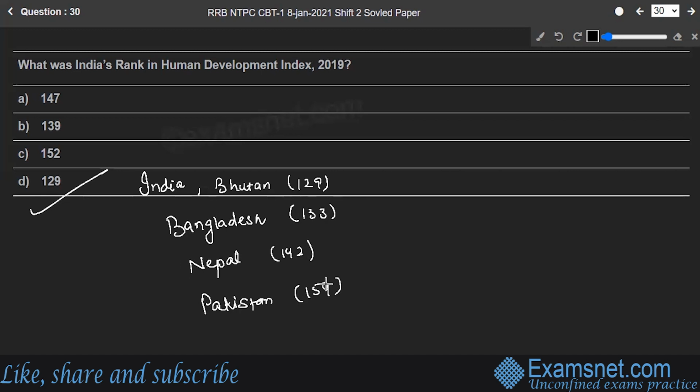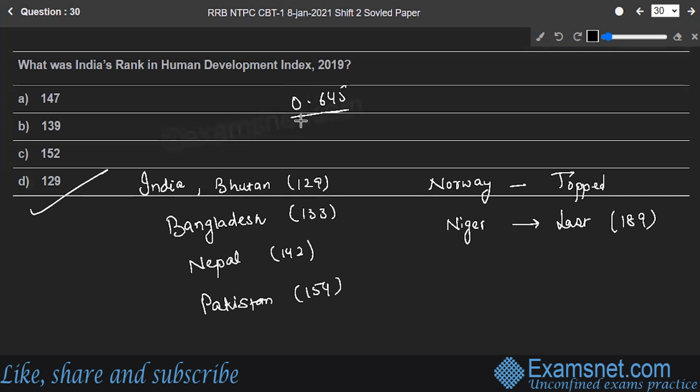Norway topped the index while Niger ranked last at 189. India's Human Development Index, that is HDI value for 2019 is 0.645, which puts it in the medium human development category. India's position has marginally dropped after improving.